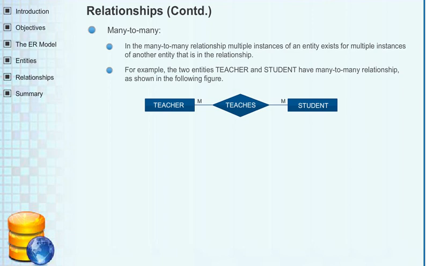Many teachers can teach many students. A class has many students. The students in a class have different teachers teaching different subjects. This, actually, is a perfect example of many-to-many relationships. Therefore, you have seen that in a relational database management system, varied types of relationships can exist between the entities.